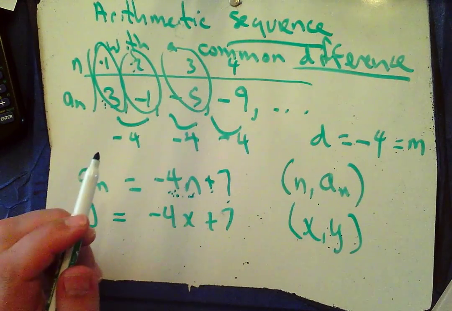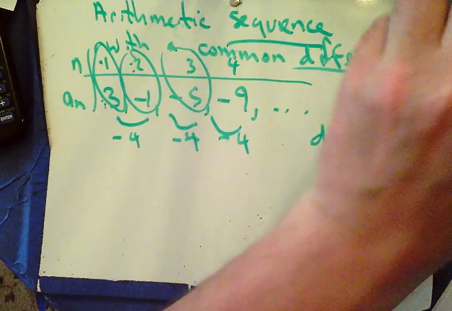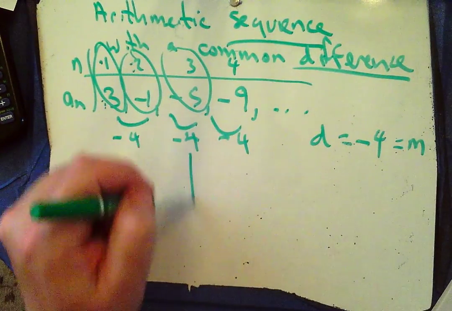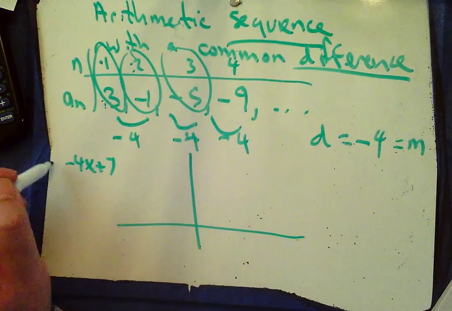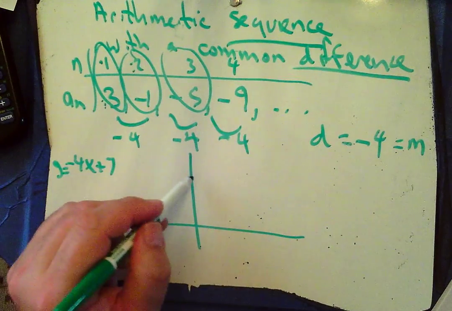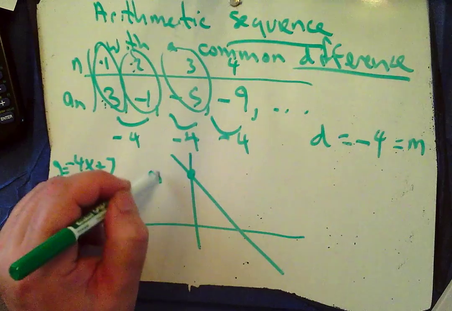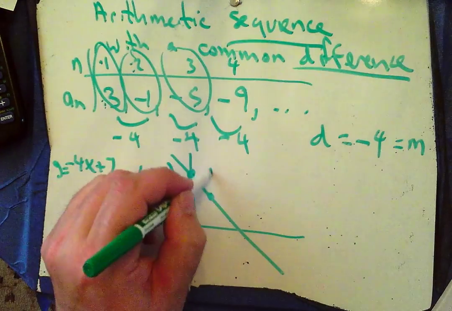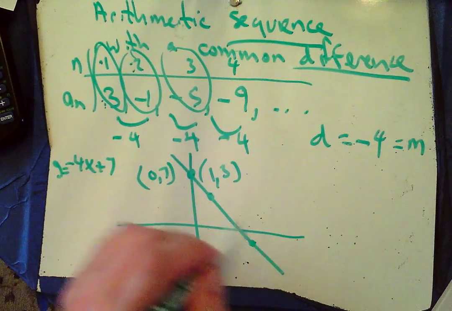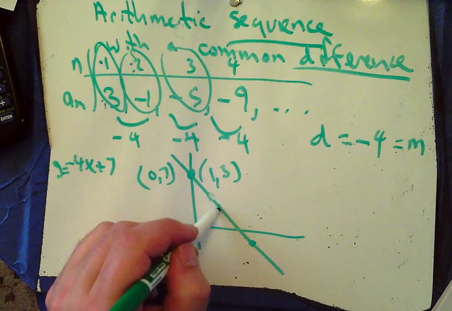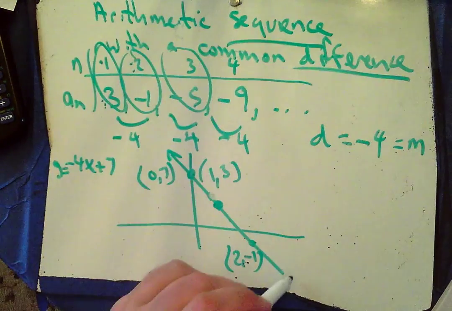So what's the difference between them? Well, here's the thing. The line y equals mx plus b, the negative 4x plus 7 equals y, that's this line. 0, 7, 1, 3, 2, negative 1, and so on.